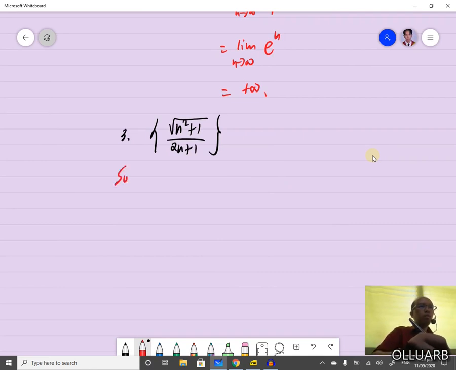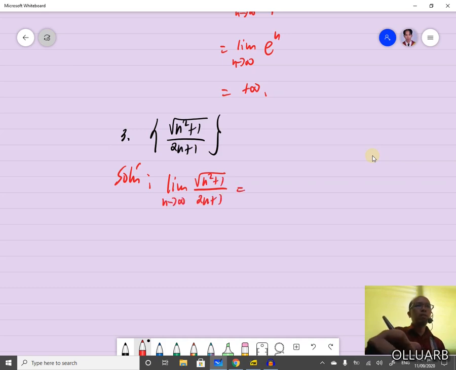Solution. Limit, copy the problem first: the square root of n squared plus 1 over 2n plus 1 as n approaches positive infinity.